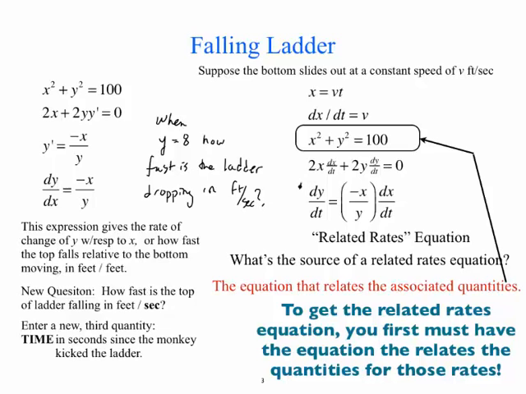So, of everything in this right here, what am I asking for? I'm asking for dy/dt. Am I asking for x? Am I asking for y? Or am I asking for dx/dt? Okay, I heard dx/dt. Is that right? And when y equals 8, how fast is the ladder dropping? How fast is the top of the ladder, to say?